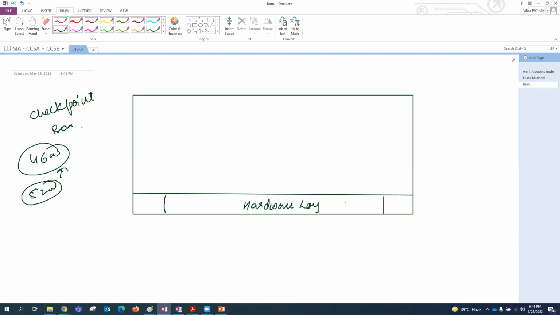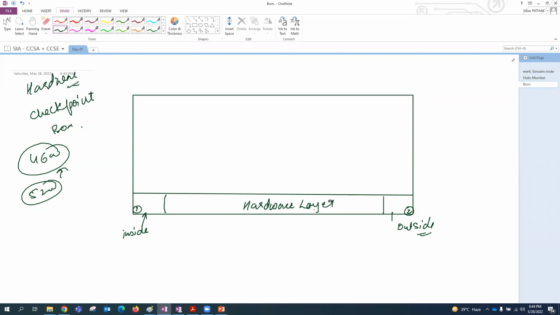For example, just imagine I have taken two ports, port number 1 and port number 2. This is my inside port and this is my outside port. These are the two ports I have taken. See guys, I'm giving you the hardware picture of the checkpoint firewall. So the first thing, we have the hardware layer.